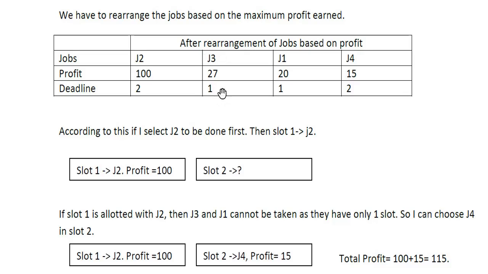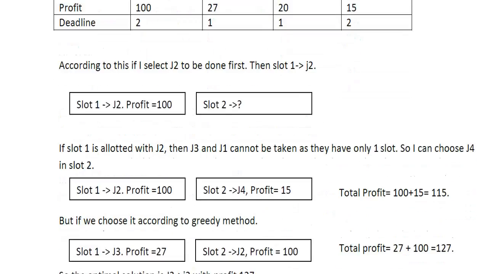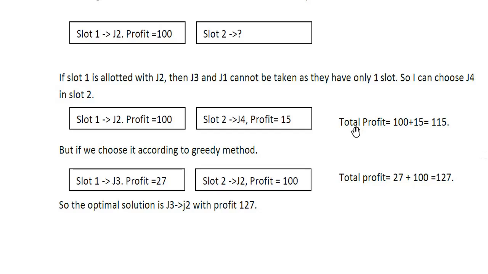Job 3 has only one slot and it has elapsed, so I cannot assign it to job 3. I also cannot assign slot 2 to job 1 because it also has 1 unit of time. I can only assign slot 2 to job 4 because it has 2 slots. So if I give the slot to job 4, the total profit earned is 100 plus 15 equals 115.